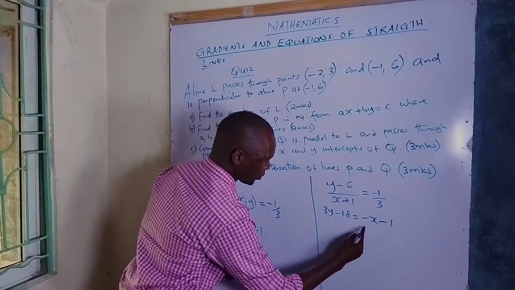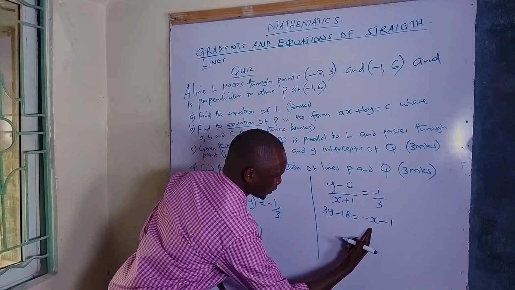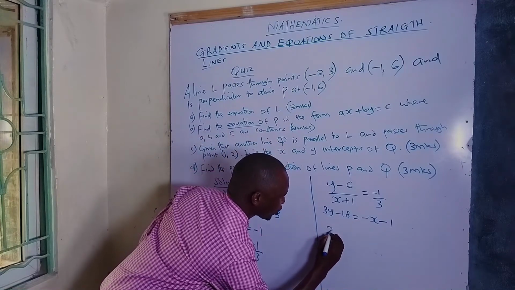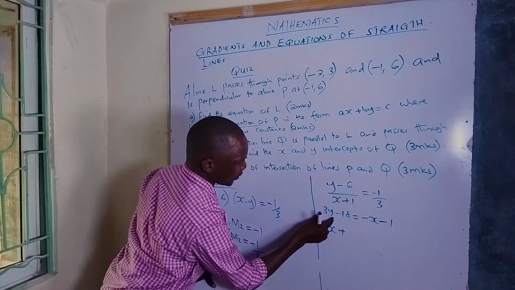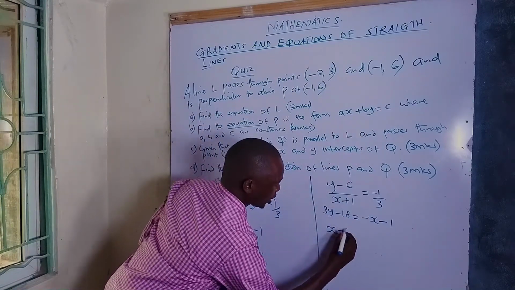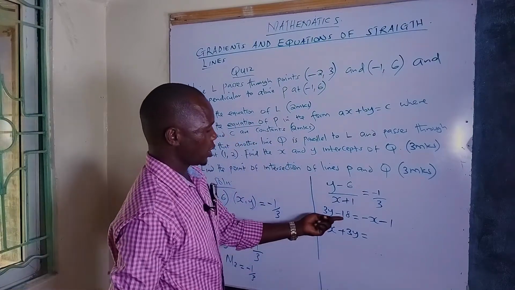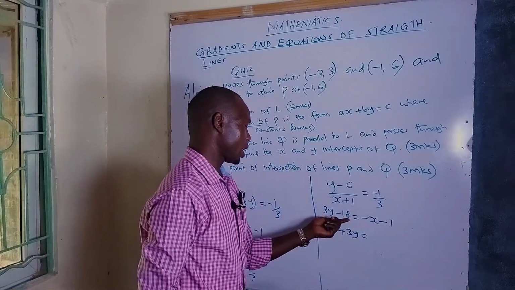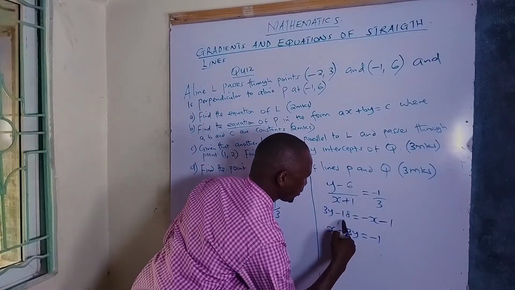So what we do, we must bring this x to the other side, and since it's negative, if it crosses the equal sign, it's going to be x. Then of course we add, this is our 3y, this must be equal to the constants, and if we move this to the other side, we are going to have -1.